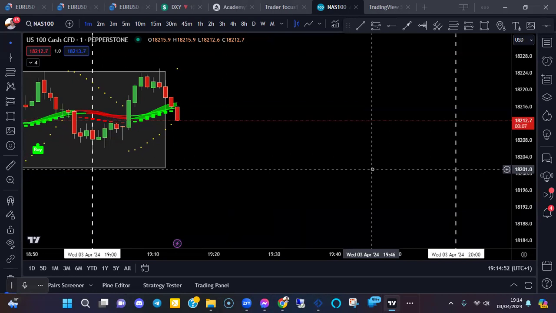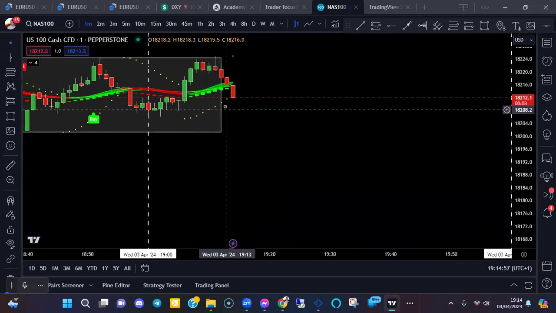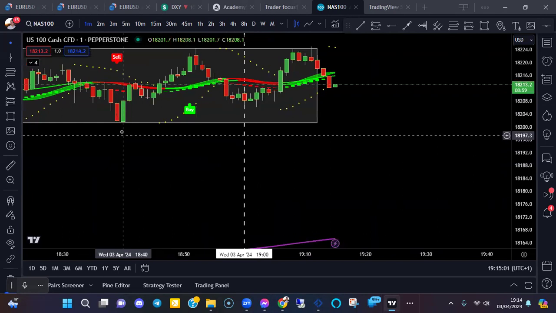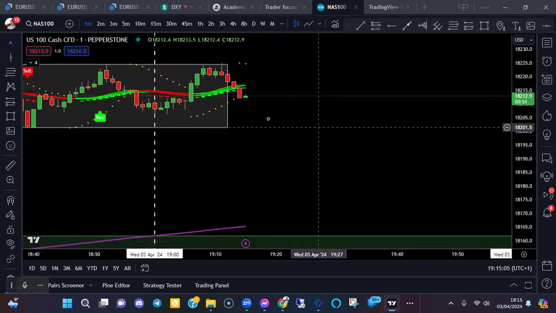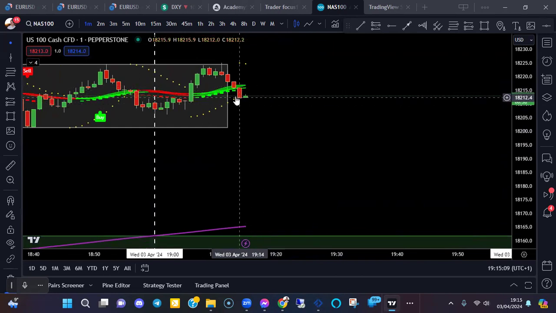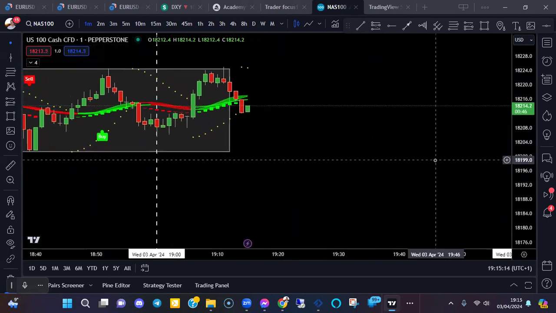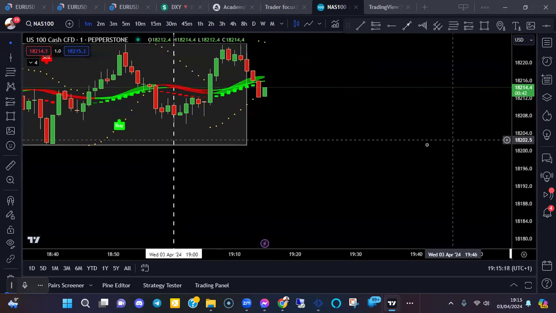So hopefully, we'll see if we get a deeper sell ensuing, forming new lower lows beyond there to give me a bit of extra confirmation with a red ribbon, red trend line, red waves, and a red sell alert. But we'll have to wait and see on that.